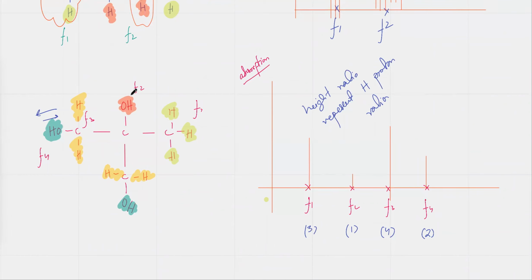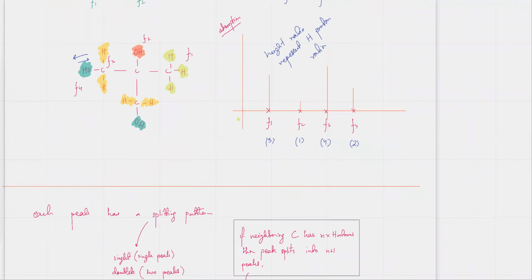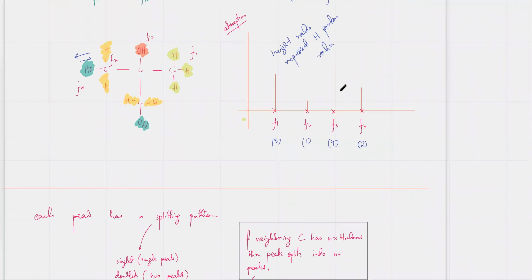So this F1 is going to be a single peak. Then the OH peaks are never going to split, so F2 and F4 are not going to split. What about F3? The neighboring carbon has no H atoms, so it's not going to split either. So all of them are going to be singlets. Is the rule clear?